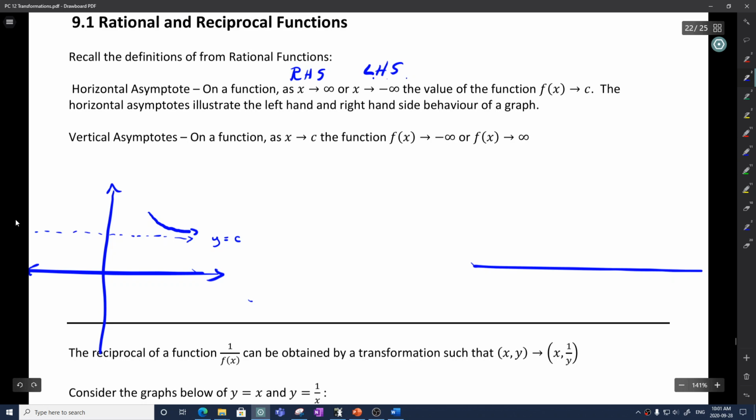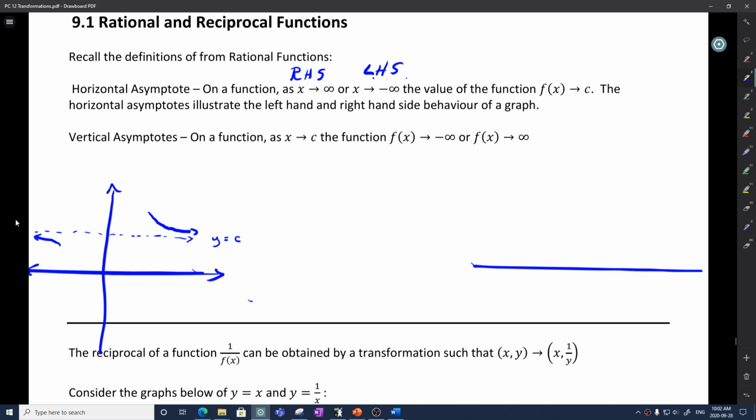Anyways, y is equal to some constant c. On the other hand, on the left-hand side, my function will approach c here. Now, the way that I drew it is that my function approaches the horizontal asymptote from underneath and above from the left-hand and right-hand side, respectively.